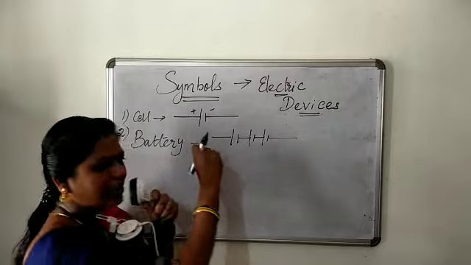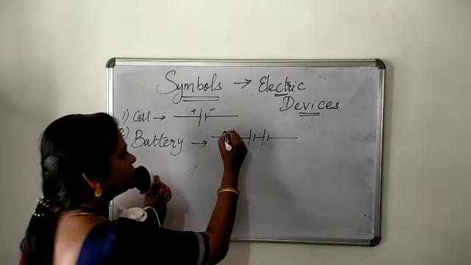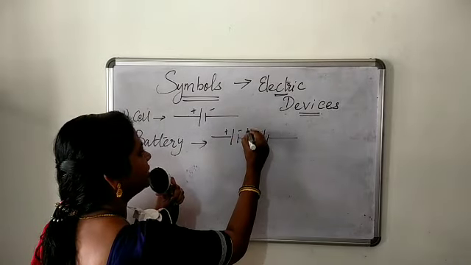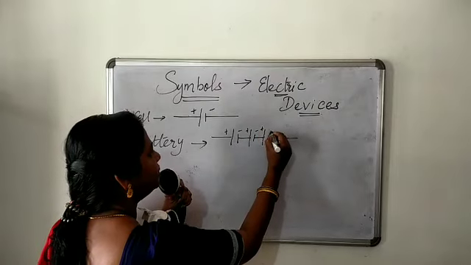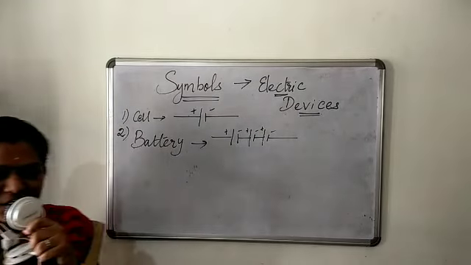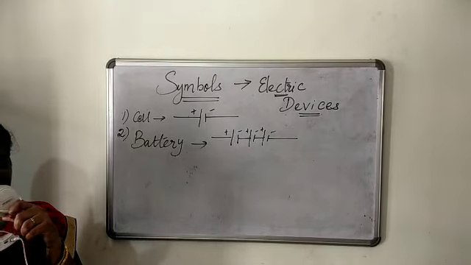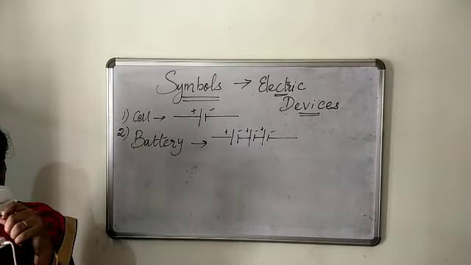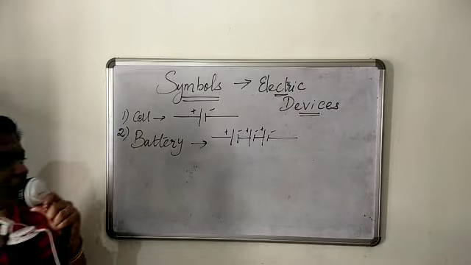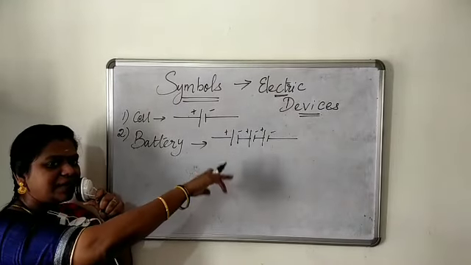So this is called a combination of cells. The combination of cells is known as what? Battery. Okay, so this is the thing we are using in the practical.